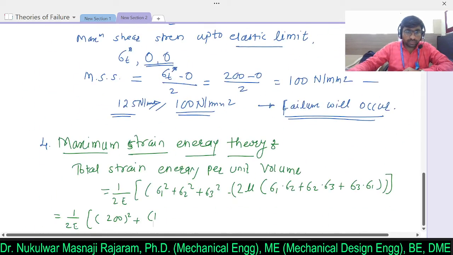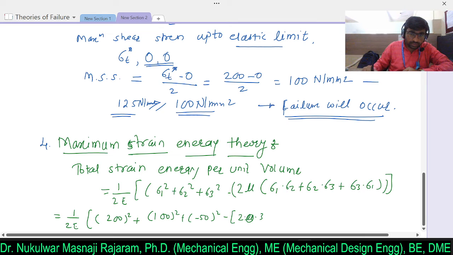Sigma 2 is 100. So 100 square plus minus 50 square minus, this is another bracket, 2 mu, that is 0.3, 2 into 0.3, 100 into 200 into 100 plus, this is 100 into minus 50, just check the brackets, sigma 3 is minus 50 into sigma 1 is 200.